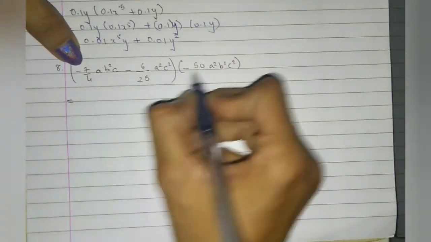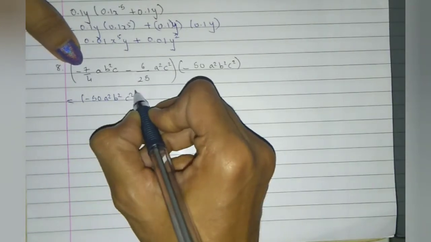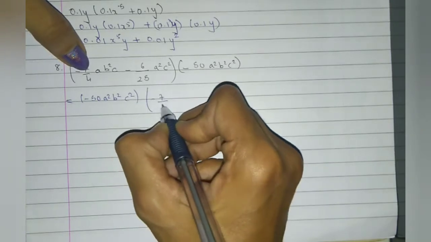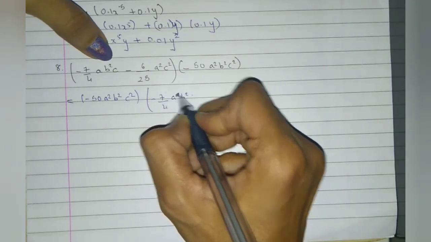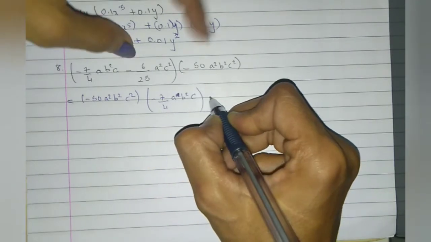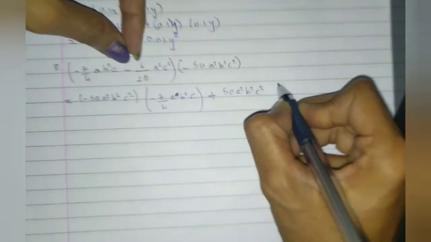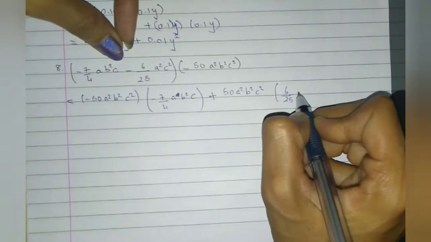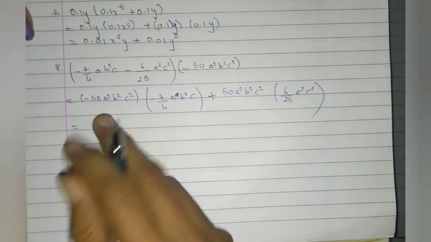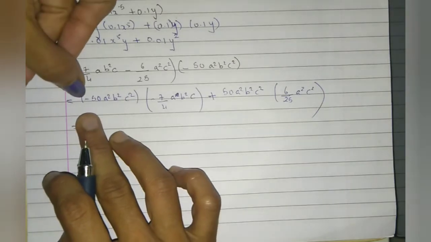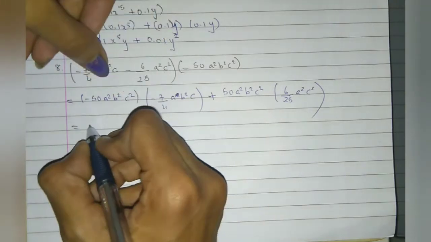First of all, minus 50 a square b square c square into minus 7 upon 4 a b square c, minus minus plus, then 50 a square b square c square into 6 upon 25 a square c square. Now what we have to do? Only multiplication. First of all, we do 50 into 7, minus minus plus, so 350.